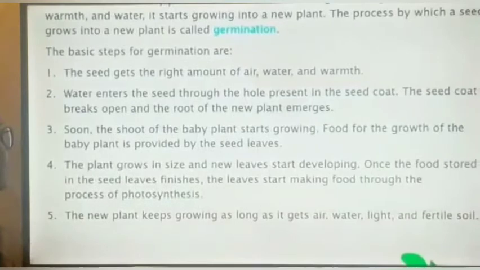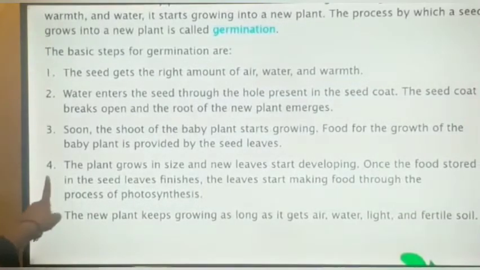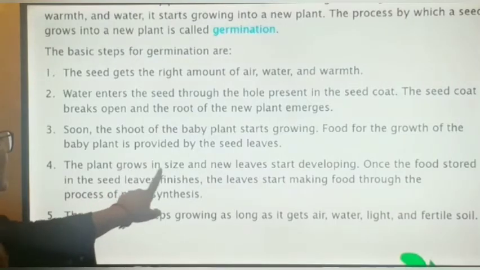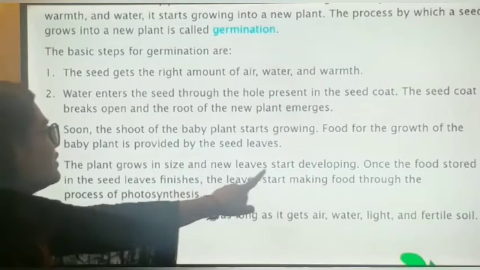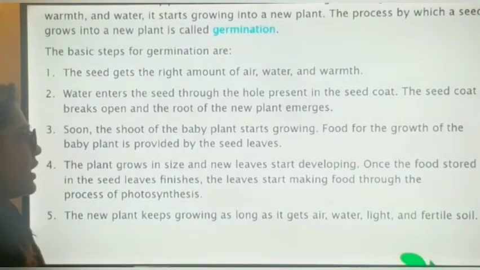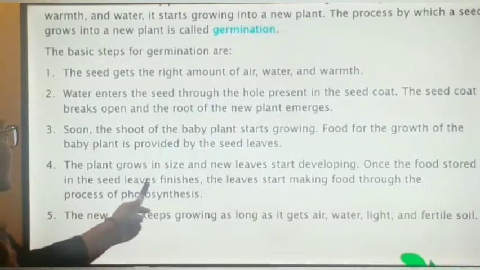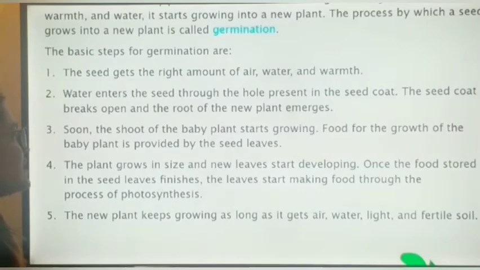Now, what happens in the next step? The plant grows in size and new leaves start developing. Once the food stored in the seed leaves finishes, the leaves start making their own food by the process of photosynthesis. This we have seen.